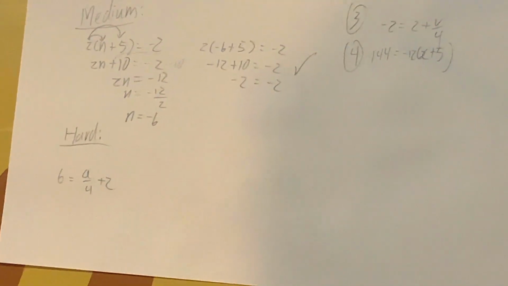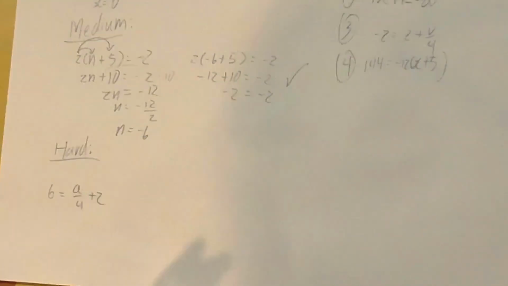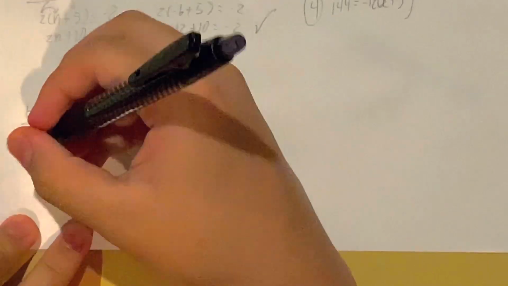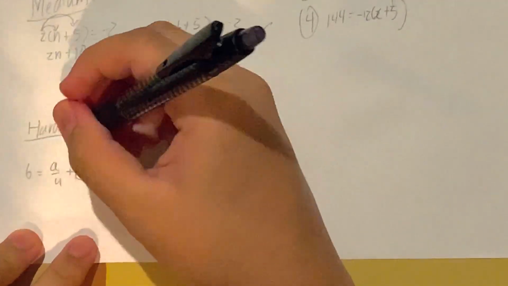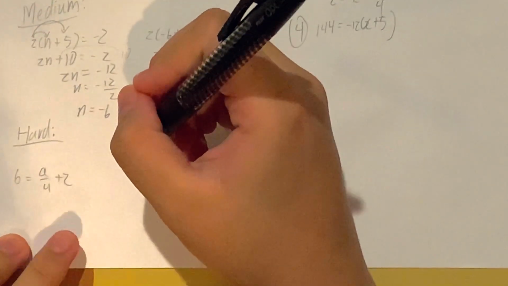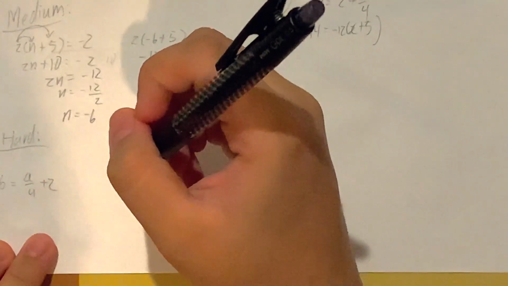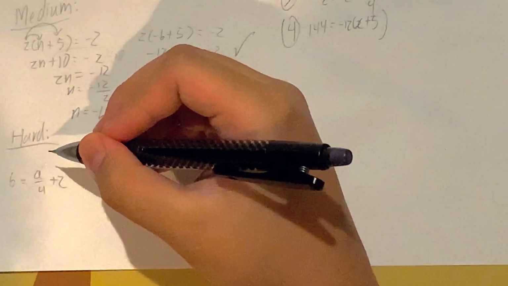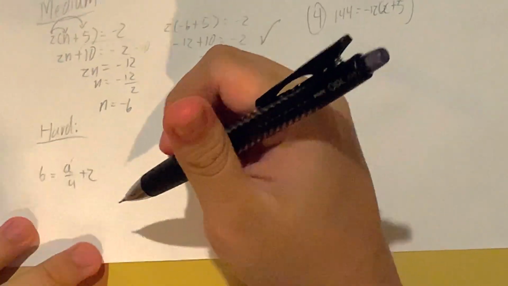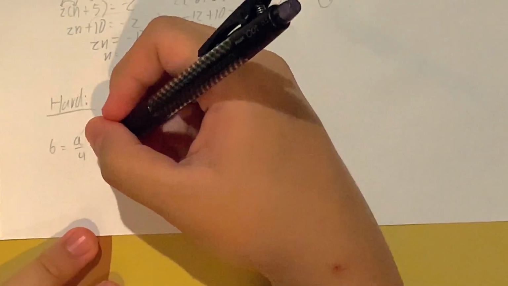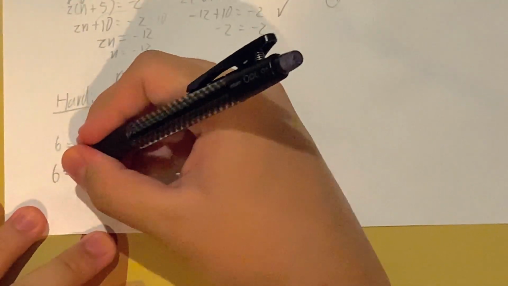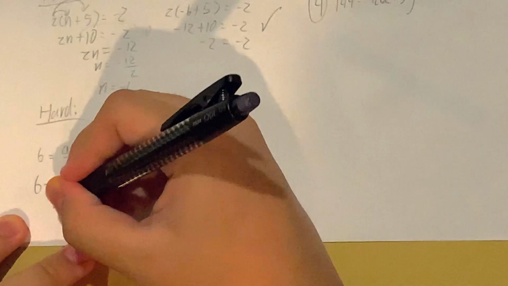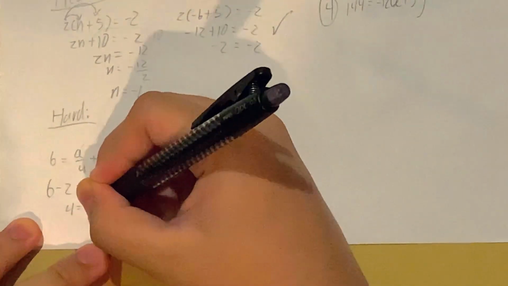Okay, for the hard one, there's a fraction involved. So it's like a over 4. So in here you're trying to find what the value of a is. So first, 2 is moved here. It becomes -2. And then a over 4 is 4.